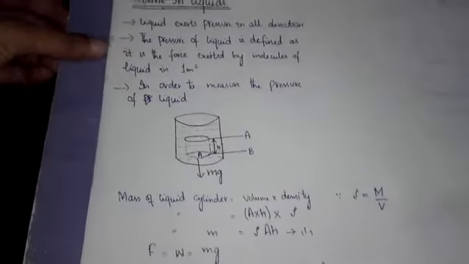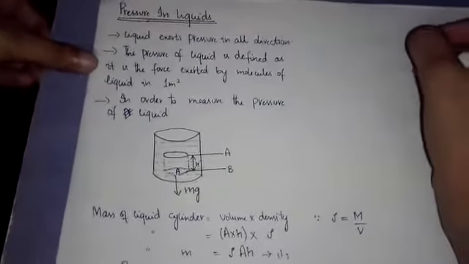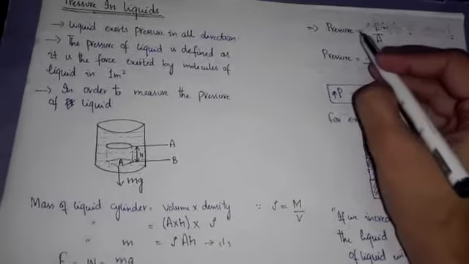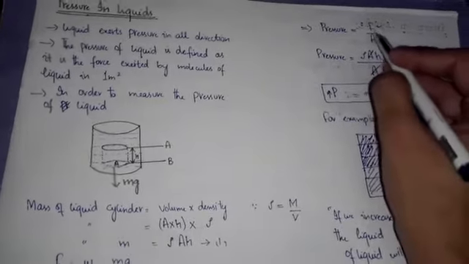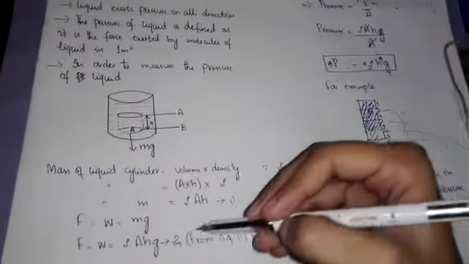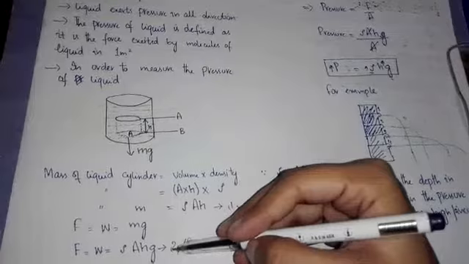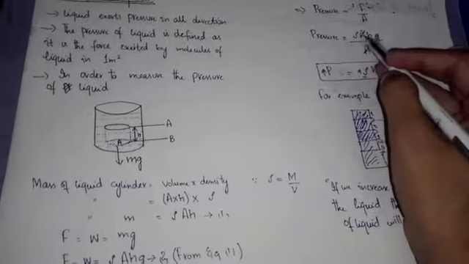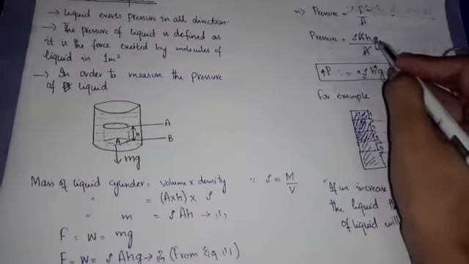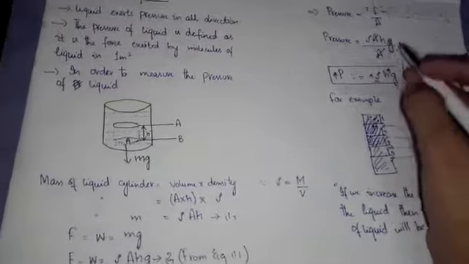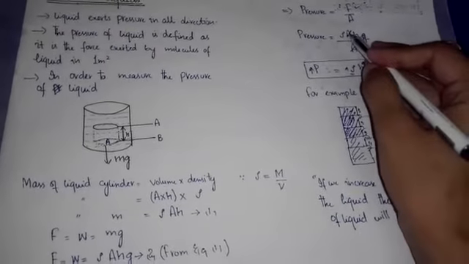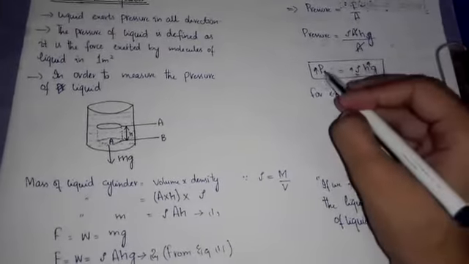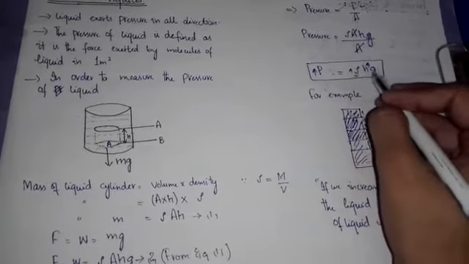Now as we know the pressure is equal to F over A, we put the value of F here, that is rho A h g divided by A. Area cancels with this area, and we have P is equal to rho g h.